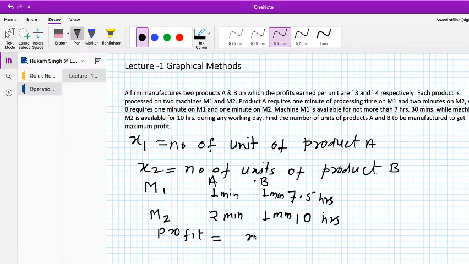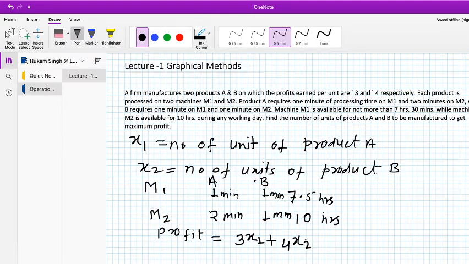Since we are producing x1 units of product A, and by selling 1 unit of product A we earn 3 units of profit, 3x1 is the profit from selling x1 units of product A. Similarly, we produce x2 units of product B, and by selling 1 unit of product B we make 4 profit.